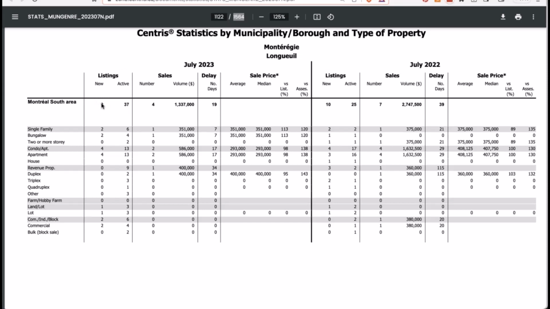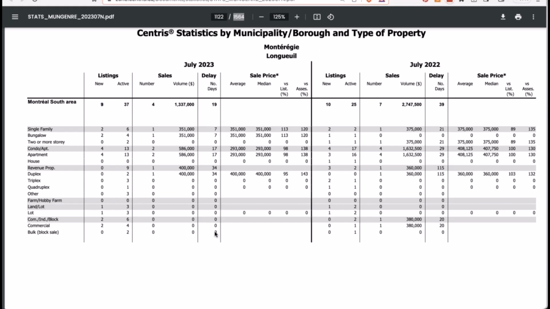You had 9 new listings here. So we're looking at in July 2023, we're comparing with July 2022. So in July 2022, we had 10 new listings, and here we have 9 new listings. Okay, Brian, that was your same question. Yeah, so it's a property that's been listed within that month. So we're comparing 2 different years here.